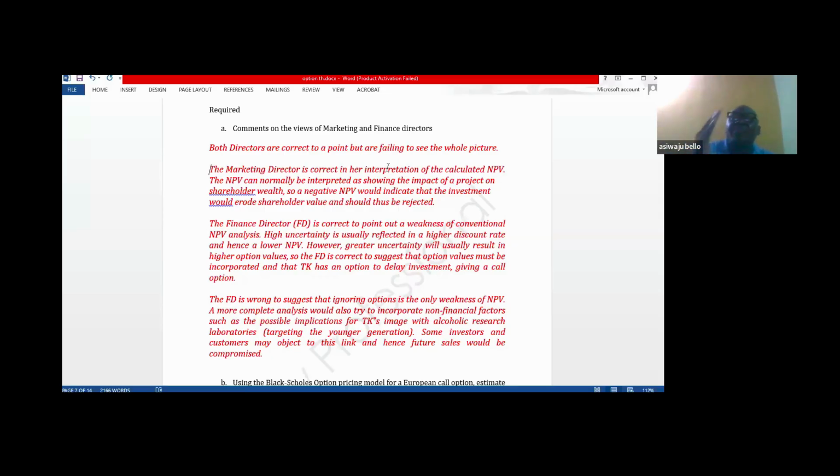A negative net present value is an indication or a confirmation that the project will reduce the wealth of the shareholders. Hence, the project should be rejected. Therefore, the marketing director is not wrong.